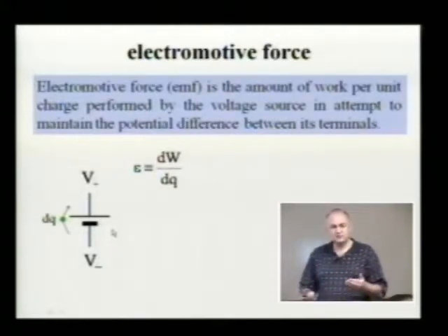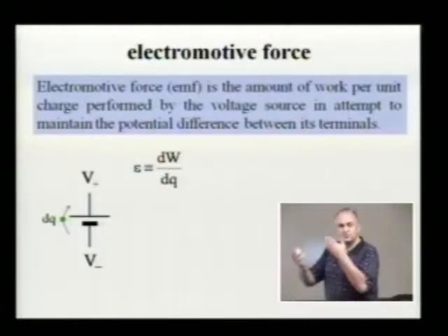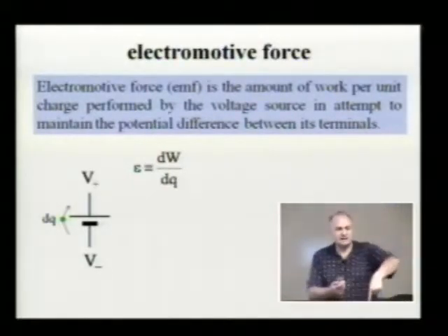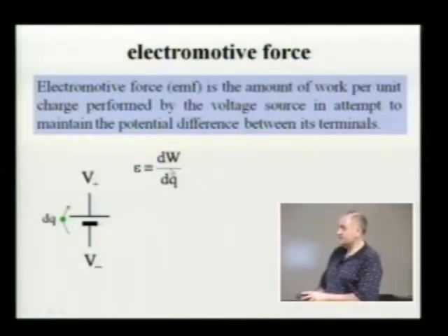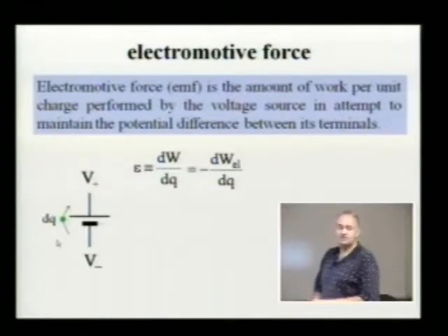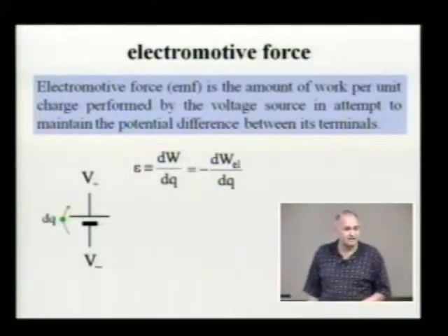So if there are only those two interactions, the interaction which pushes charged particles and the electric field produced by the transferred particles, then this work is going to be opposite to the work performed by the electric field. Now know that work done by the electric field is negative.